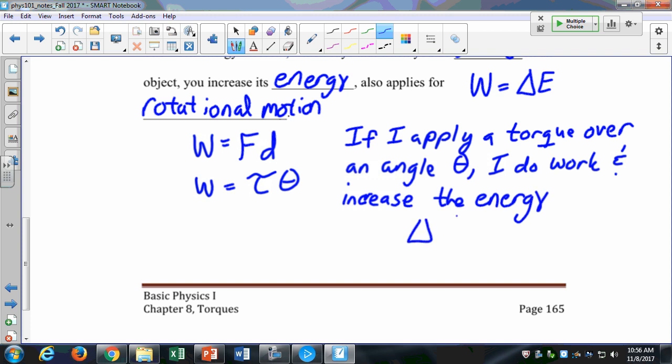That is, the energy would change by the amount of work that you've done, which is equal to tau times theta. The work that I do applying a torque over a certain angular displacement causes an increase in energy on that object. It makes it spin faster, gives it more energy.